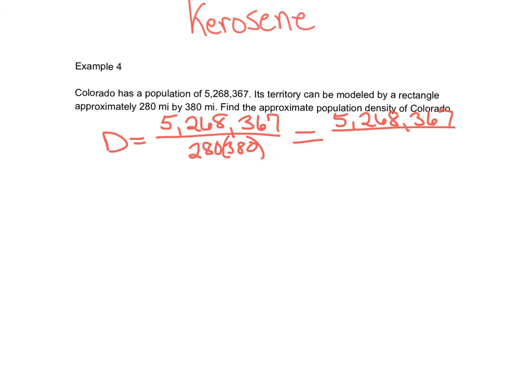It gives me 106,400 for the area, which is about 50 people per square mile.